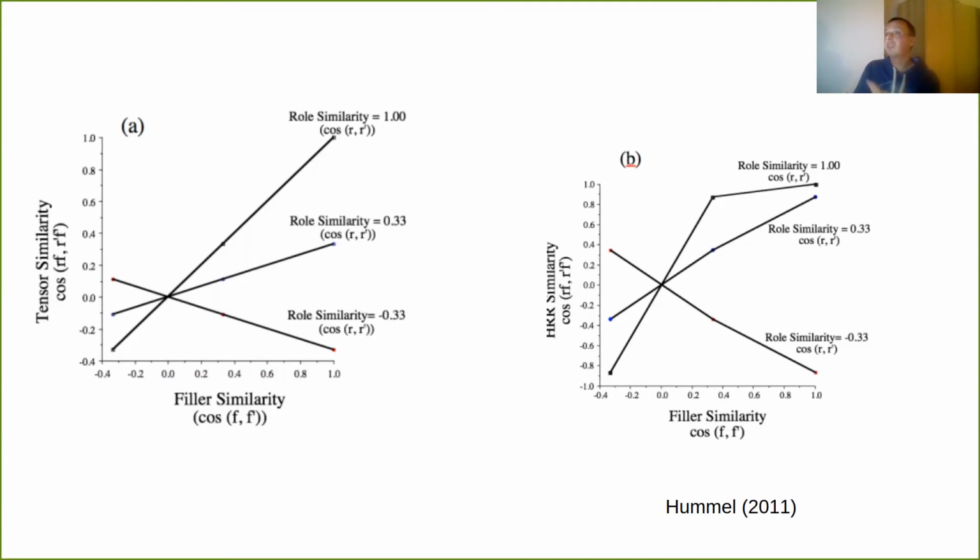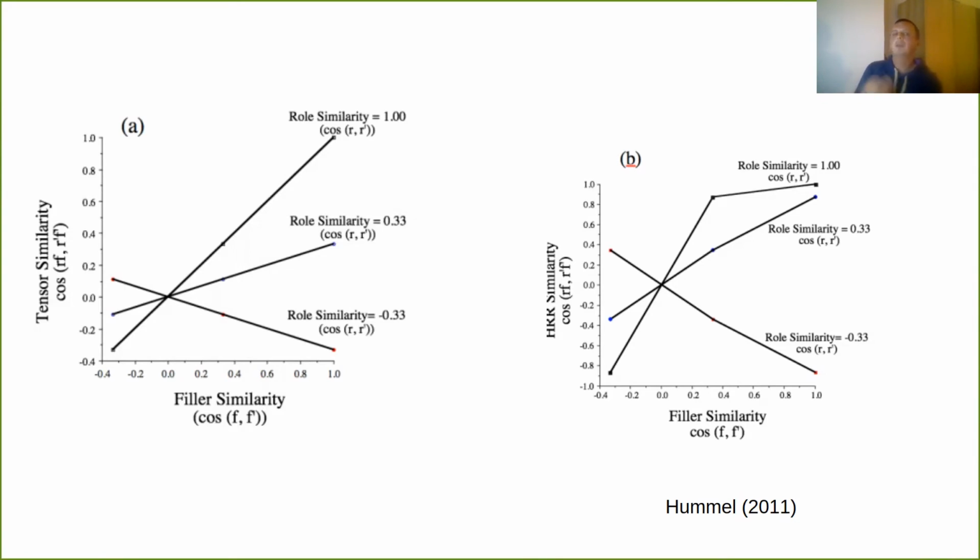But if you bind the fillers to the corresponding roles of the left-of relation using tensor products, the resulting tensor product representations will be completely different. If you just compare these vector representations, they will not be the same at all. And this is not something we want from such representations.